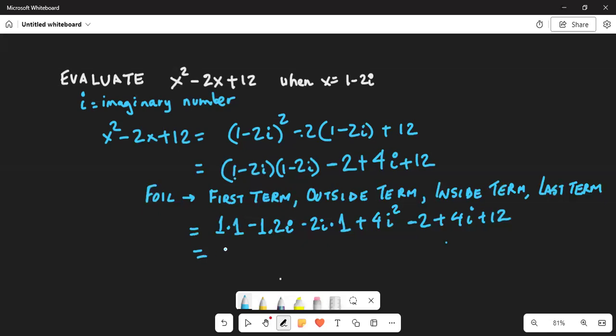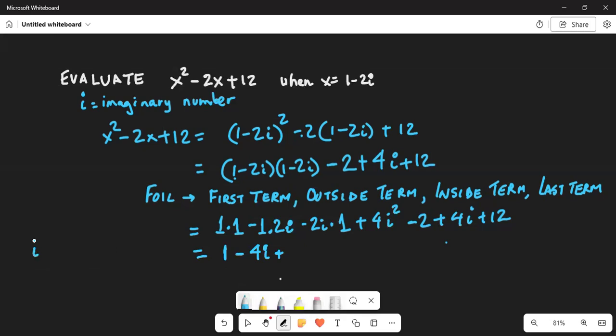So 1 times 1 is 1, minus 2i and another minus 2i. Both are negative signs, so they will be added, but we will return the negative sign. So 2i plus 2i is 4i. Okay, i squared, by the way, is equal to minus 1. That is always true. So let me write that properly.